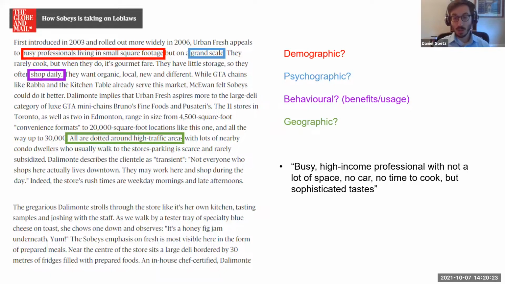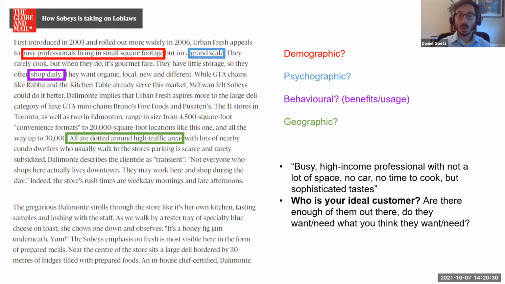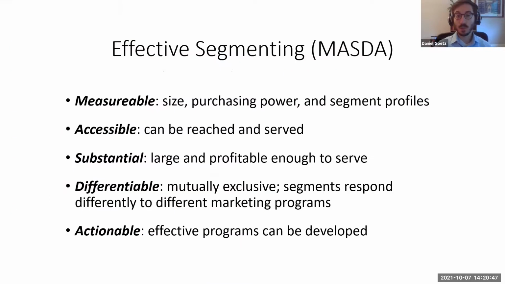They have no car or time to cook, but they have sophisticated tastes. That's a very clear statement about who the ideal customer is. And describing the ideal customer is a great way to start thinking hard about: is this a segment that's worth serving? And how would I serve this segment?